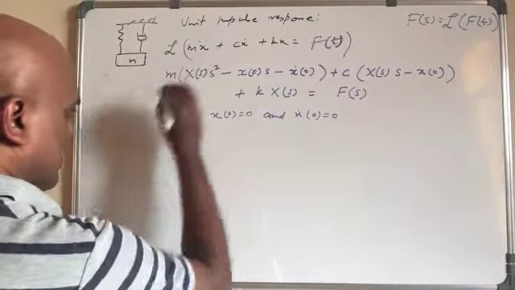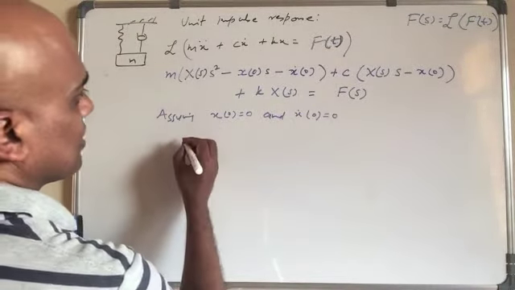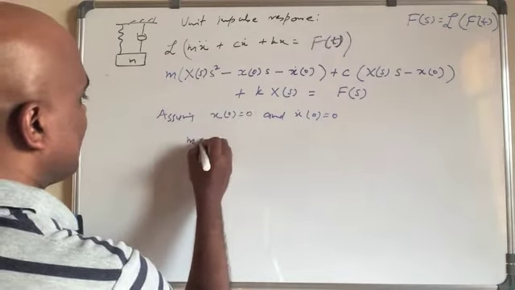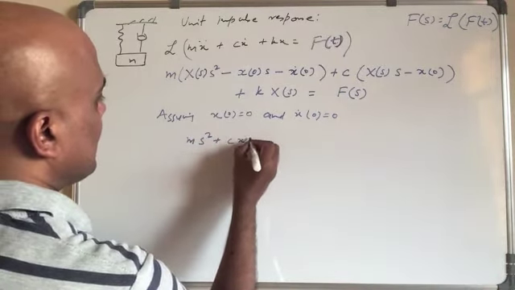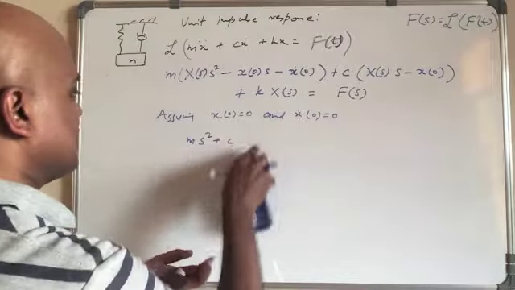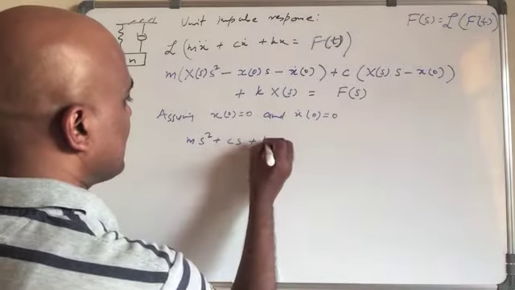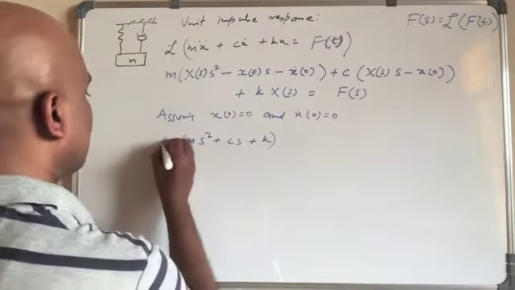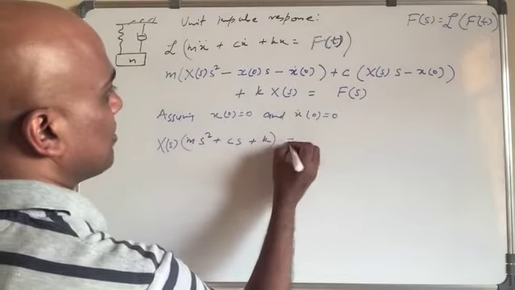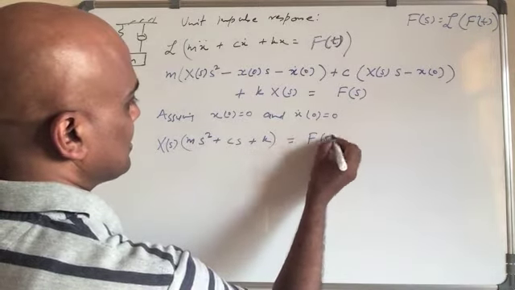And what do you get in that case? We get simply (m s square plus c s plus k) times X(s) equal to F(s).